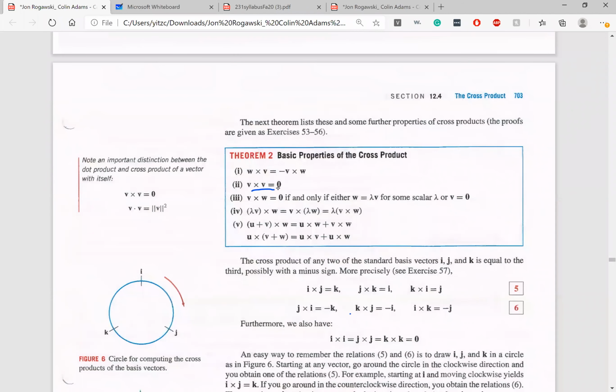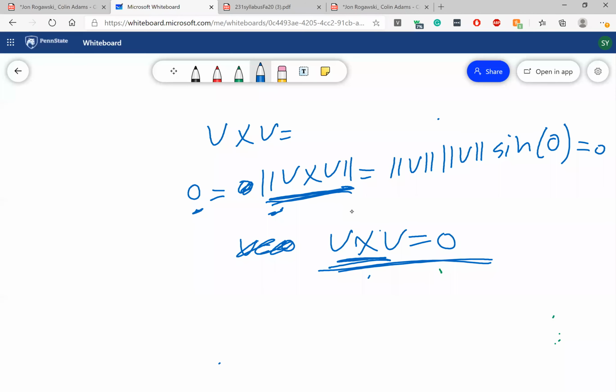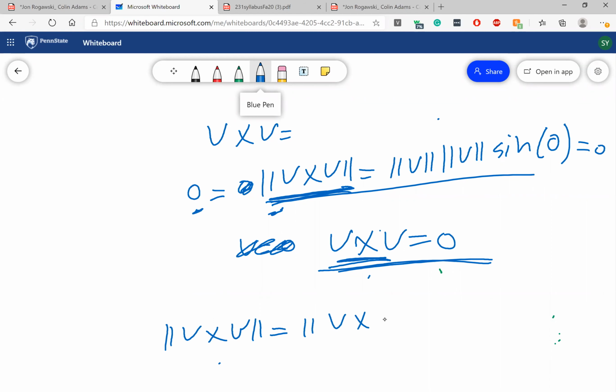Okay. So now V cross W is equal to 0 if and only if either W is equal to lambda V or V is equal to 0. Let's think about what happens first if W is equal to lambda V. We do the exact same thing, but this time we're looking at the magnitude of V cross W, which is equal to the magnitude of V cross some scalar times V, because that's what W is.